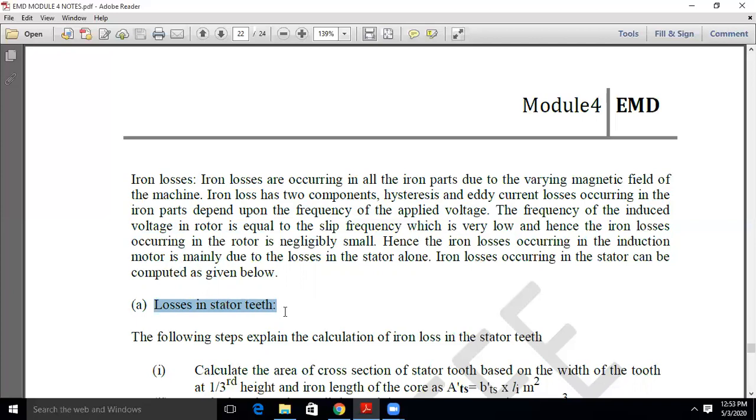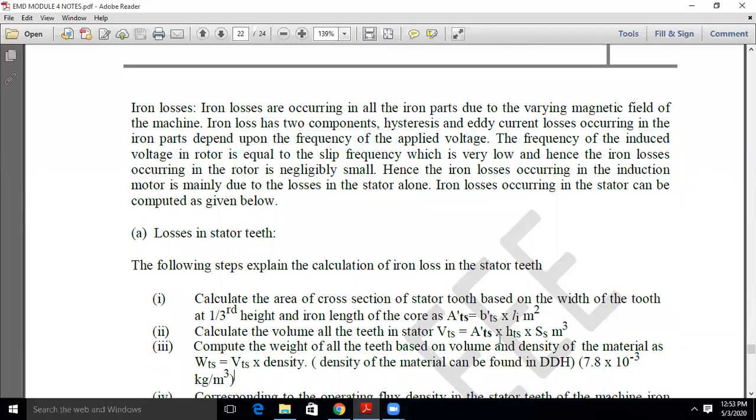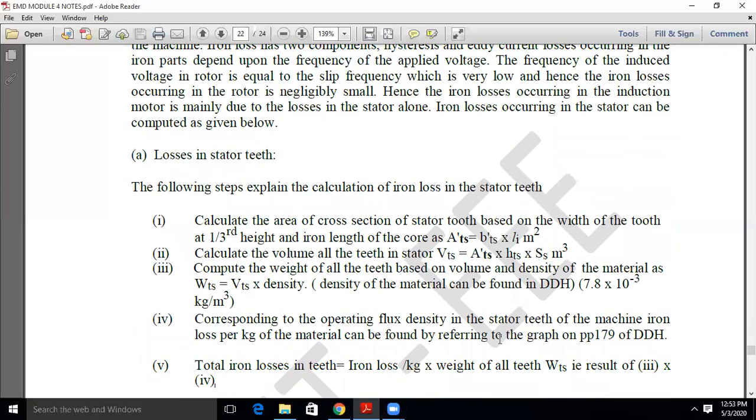To calculate the iron loss in the stator teeth, first we need to calculate the area of cross section of the stator tooth based on the width of the tooth at 1/3 height and the iron length of the core, as ATS dash is equal to BTS dash into Li meter square.